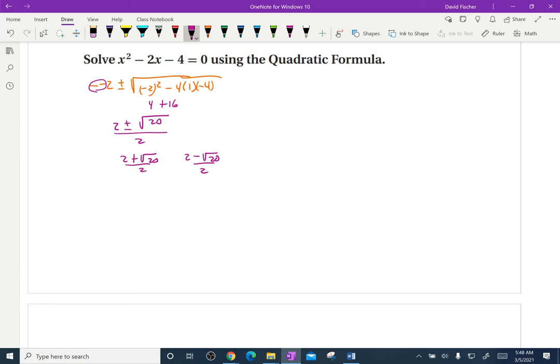I'm getting, for that one, a 3.24, because I'm rounding my decimal.